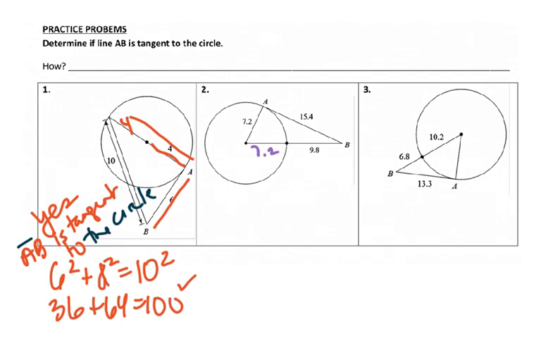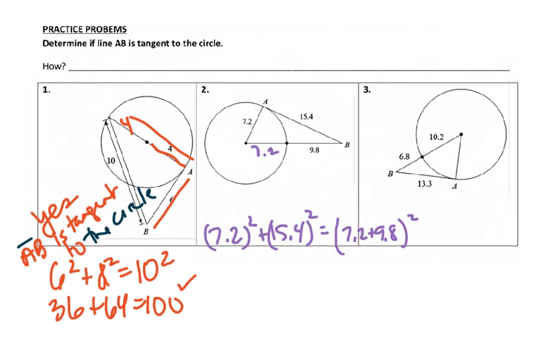So I'm going to see if 7.2 squared plus 15.4 squared is equal to 7.2 plus 9.8 squared. Put that in your calculator, see if that's true. I get 289 equals 289, and that is true, and so yes, this is a tangent.